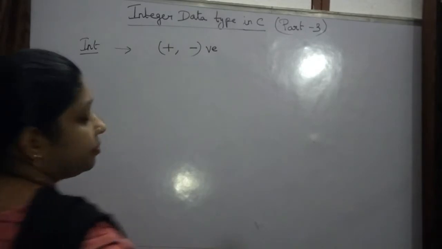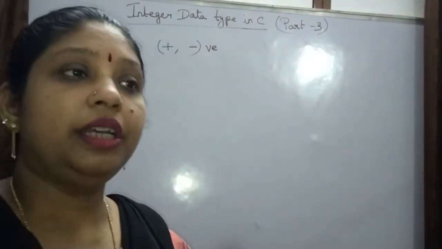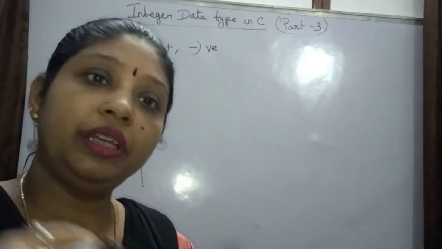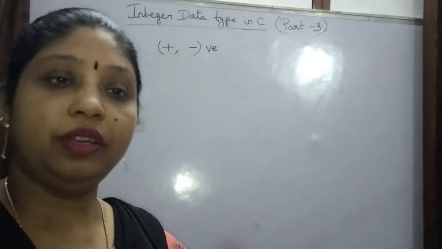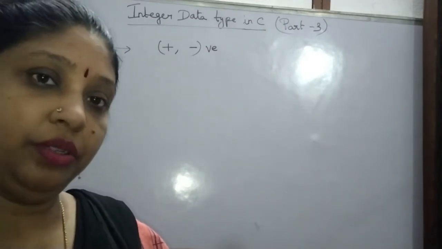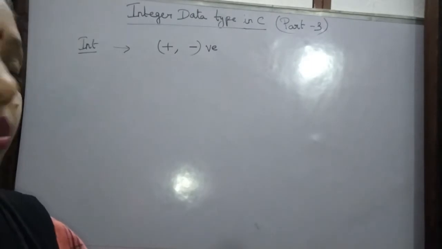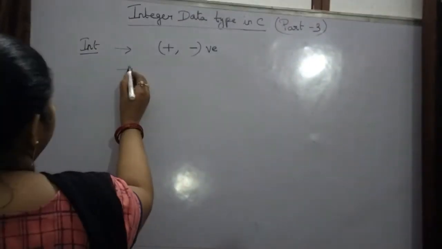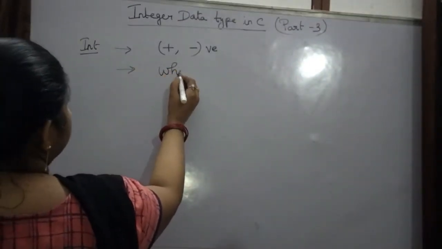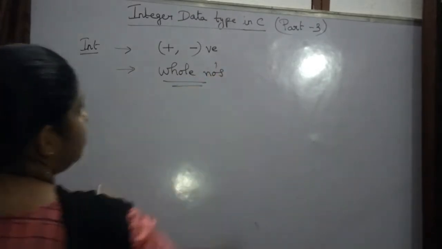If you declare any variable with the integer data type, it will take positive as well as negative values. And what type of values? Whole numbers it is going to take.